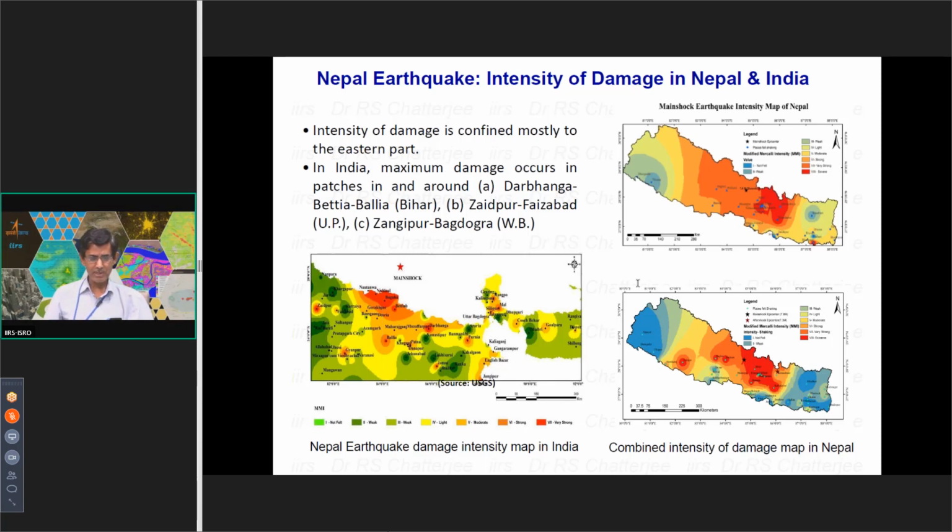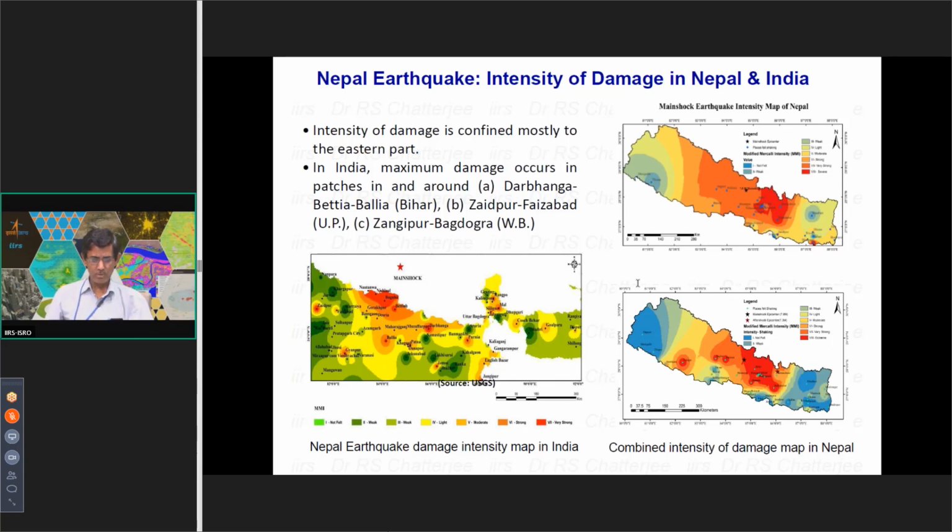And for the Indian region, we observed something very interesting. In India, maximum damage occurs in patches. In and around three locations, as if there are three lobes of damage. One is the Darbhanga, Betia and Balia location. Another is Jaidpur and Faizabad, that is in UP. And another is Jangipur and Bagdogra, that is in the West Bengal area.